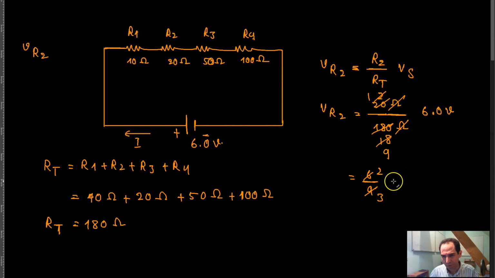Taking two significant figures, you would get 0.67 volts, right? 0.67 volts, which is the same thing as 670 millivolts. So that's one typical circuit that you should be familiar with in your work. Otherwise, in different circuits, you would run into problems, right?